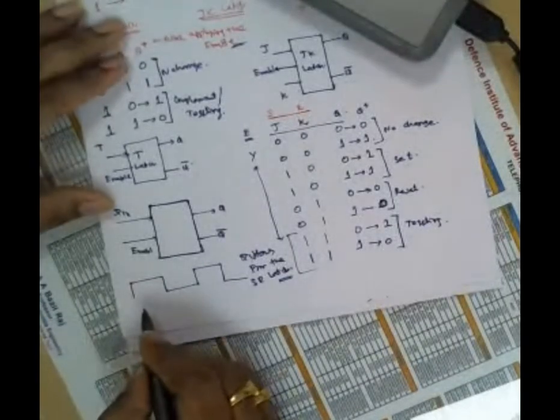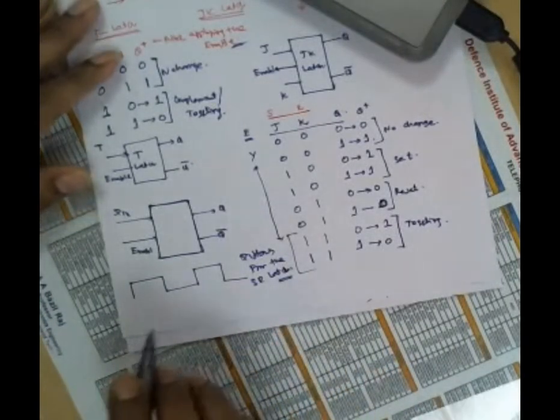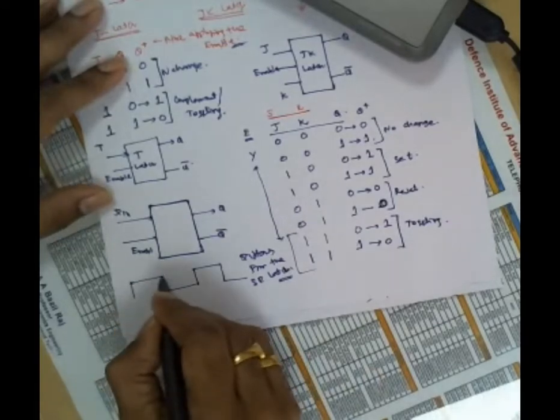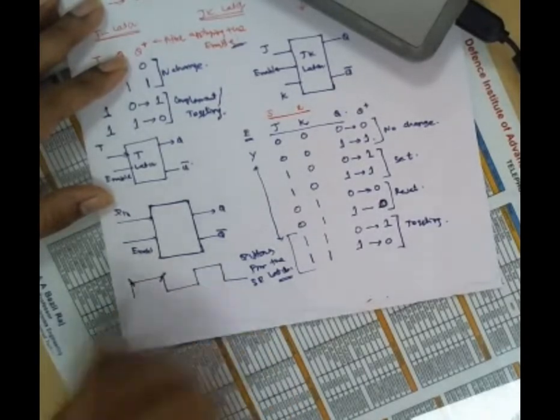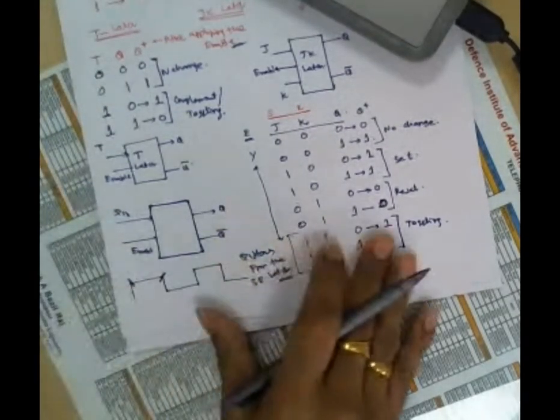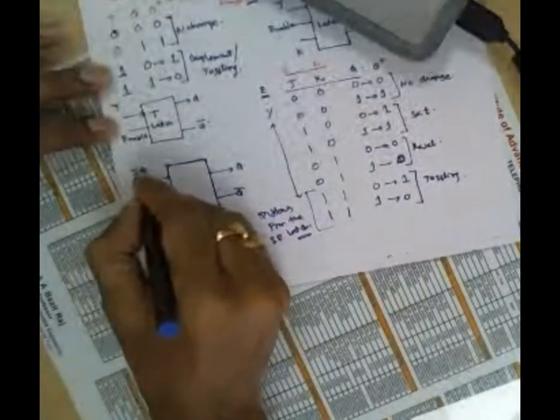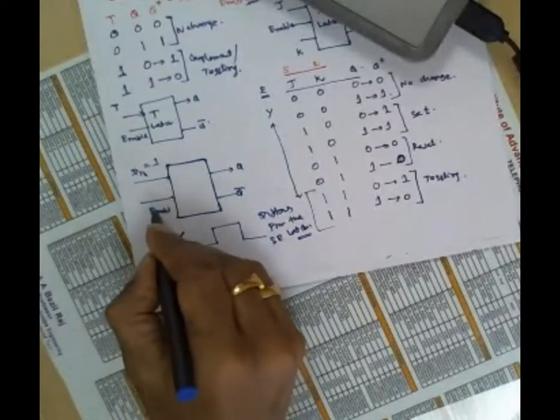And our input is assumed that there will be no transition in between these two levels. Suppose I am maintaining here D in as 1, right? Then I am applying the enable.